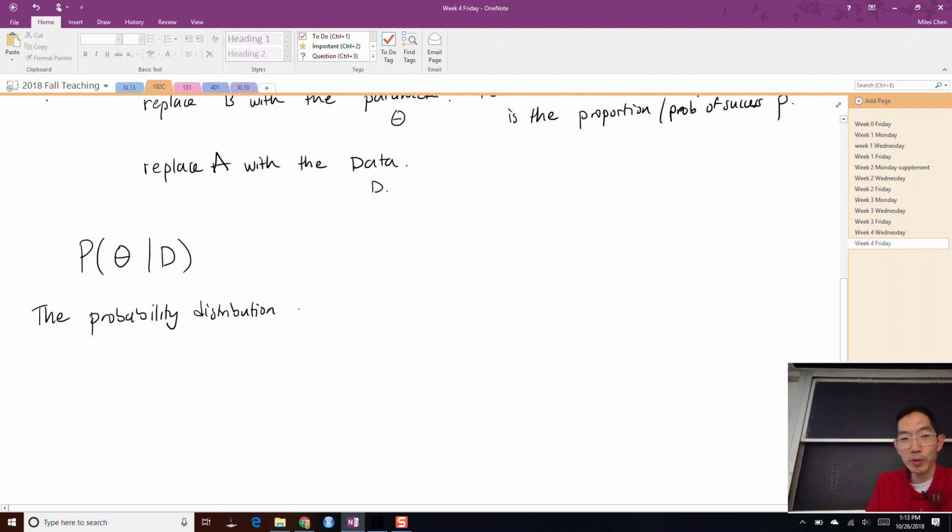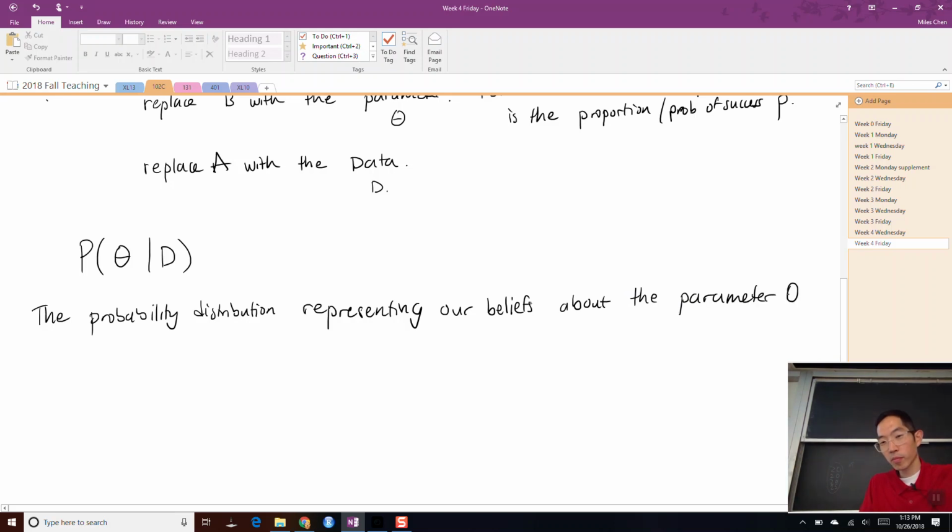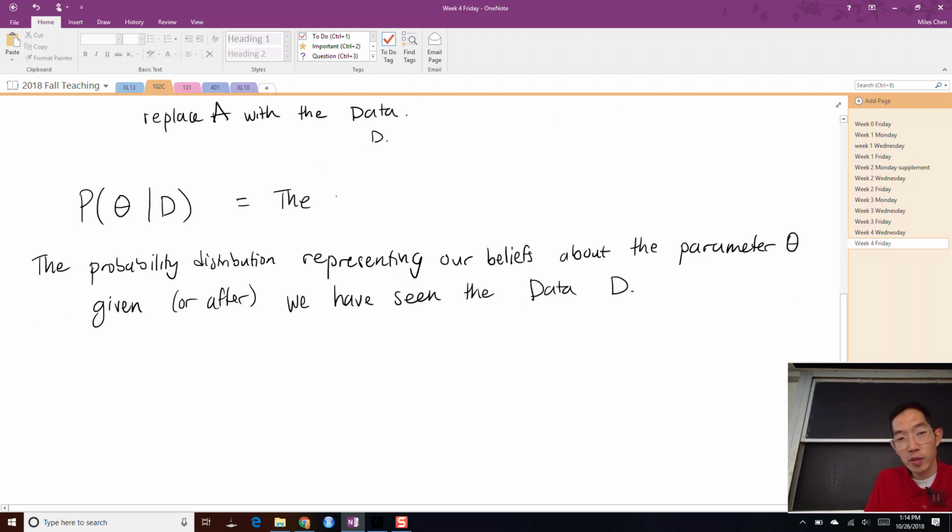I'm just going to write it out. Okay, the probability distribution representing our beliefs about the parameter theta given or after we have seen the data D. Okay, this is called the posterior distribution, and I guess its full name would be of theta given data.